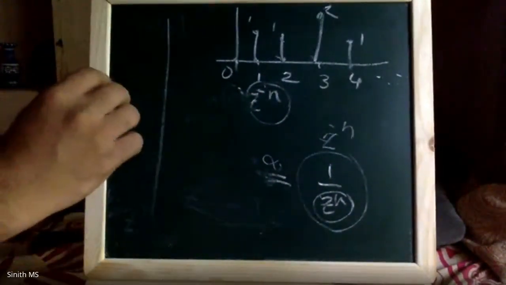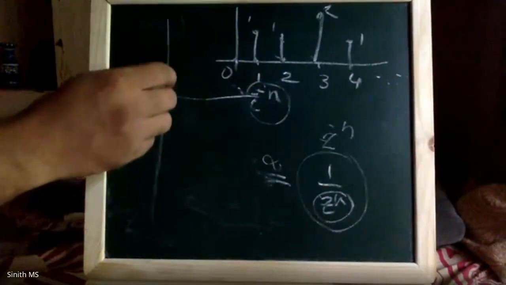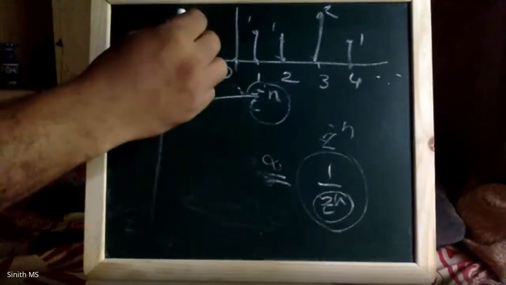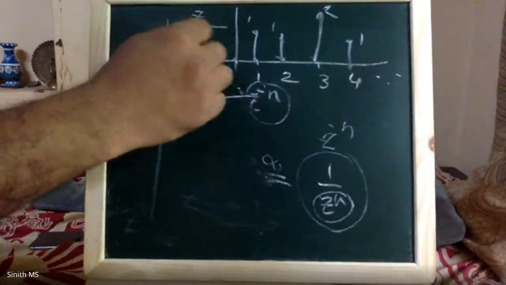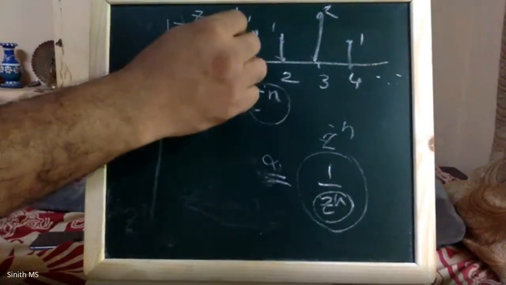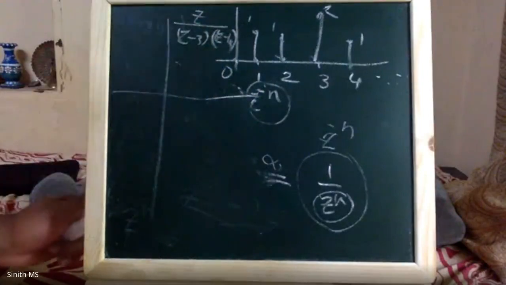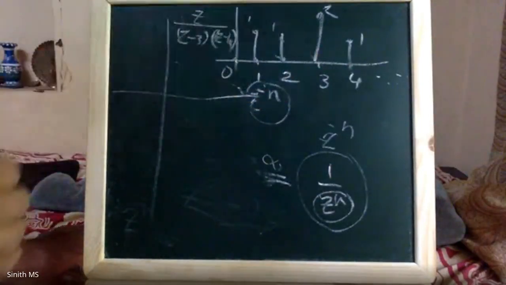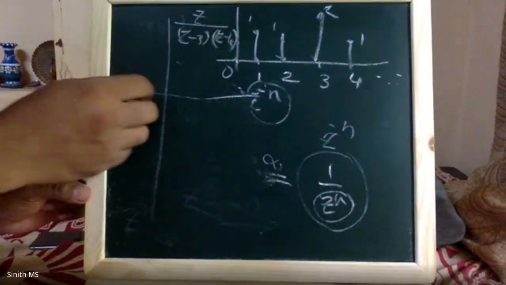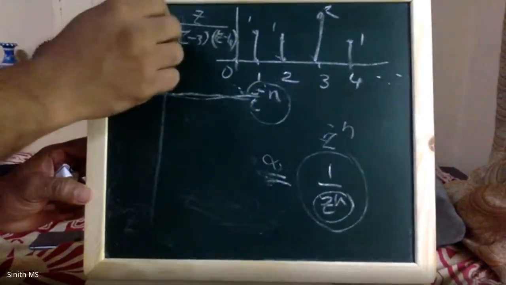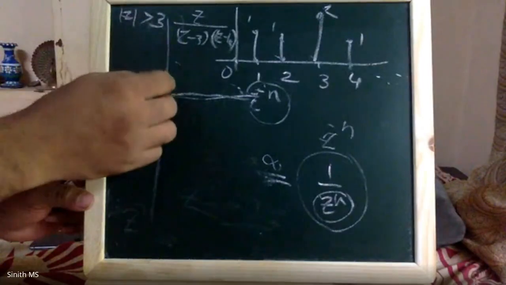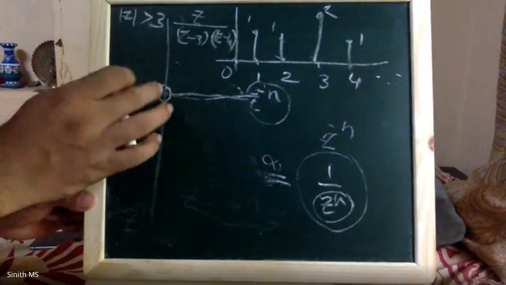Suppose this has some poles, say z by (z minus 3)(z minus 2). Suppose this is the Z transform of the signal, and suppose you have a region of convergence |z| greater than 3 or whatever it is. z equal to 0 is never inside the ROC.